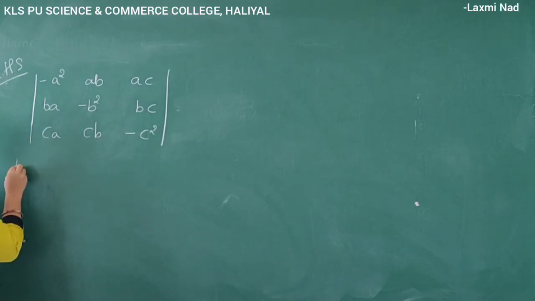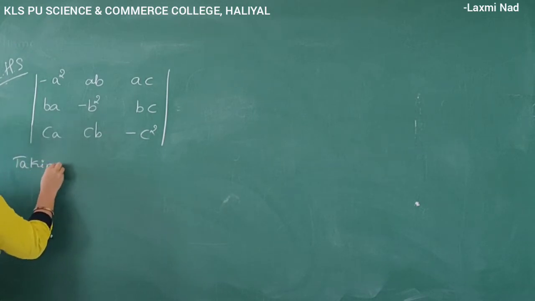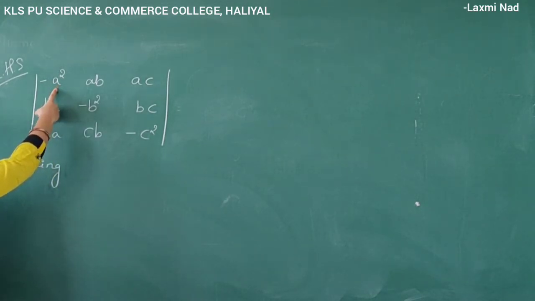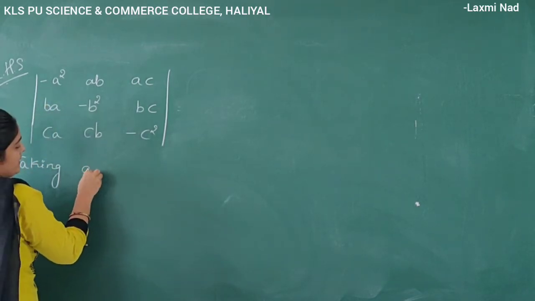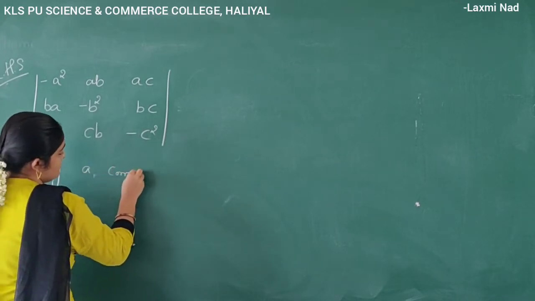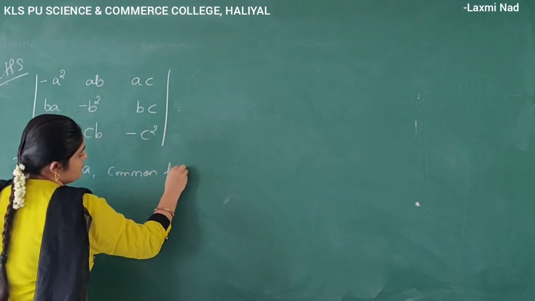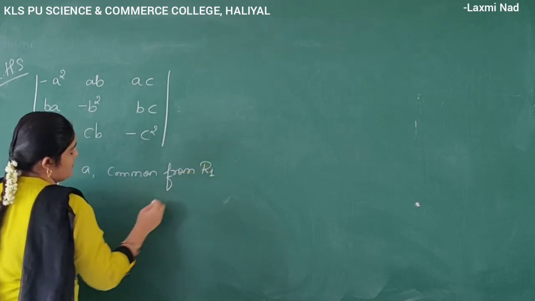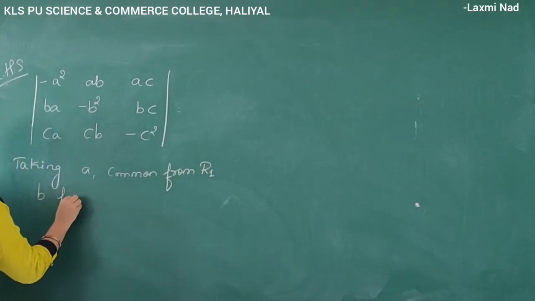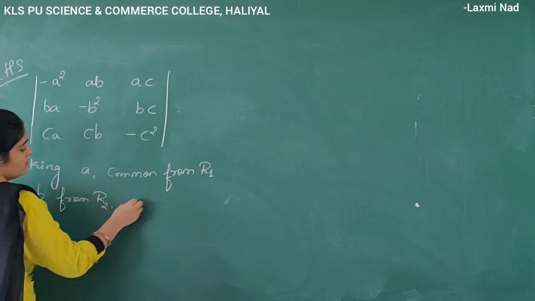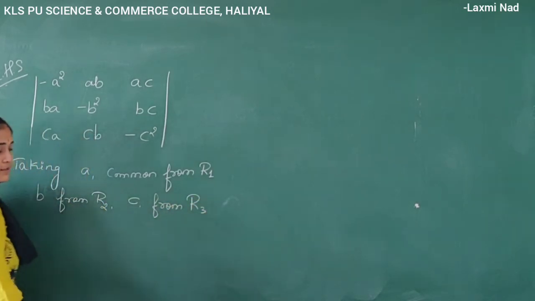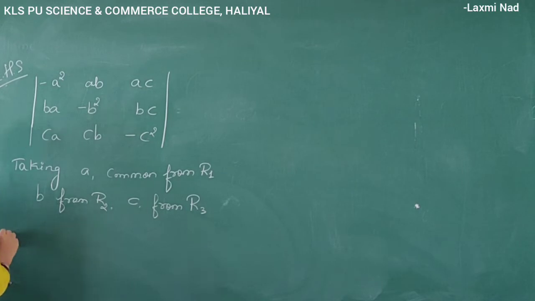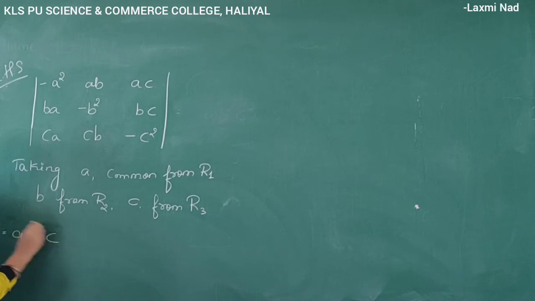From the first row I am taking out a as common, from the second row b, and from the third row c. So taking a common from R1, b from R2, c from R3, the given determinant reduces to this.